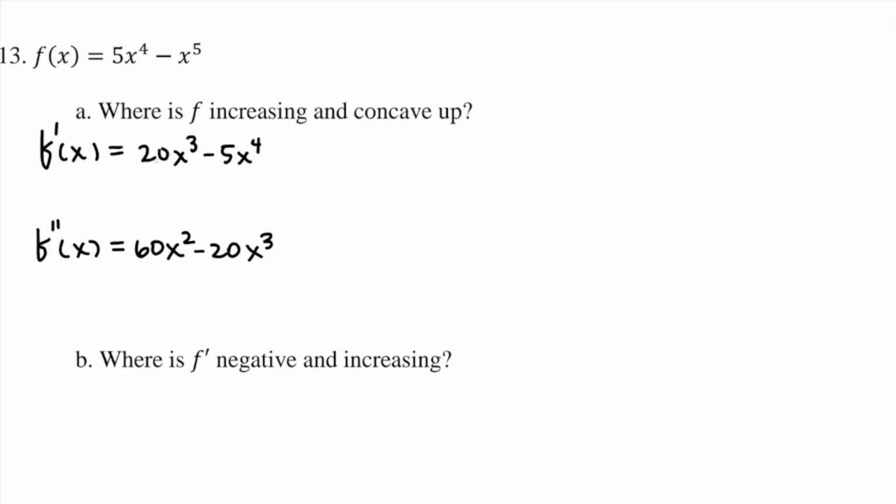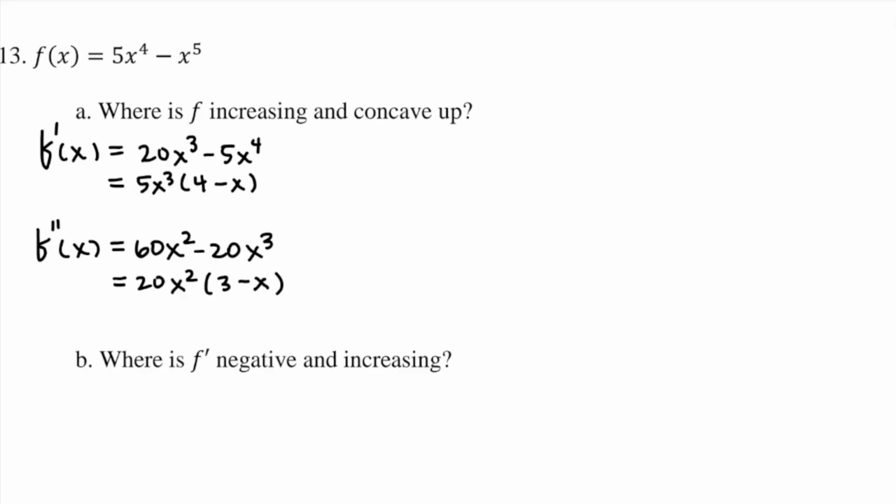Now if I factor this one, I've got 3 powers of x and a 5 in common to both: 5x cubed times (4 minus x). Over here, I've got a 20 and 2 powers of x, and I'll multiply that by (3 minus x).